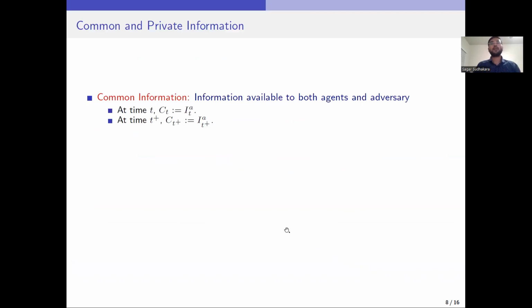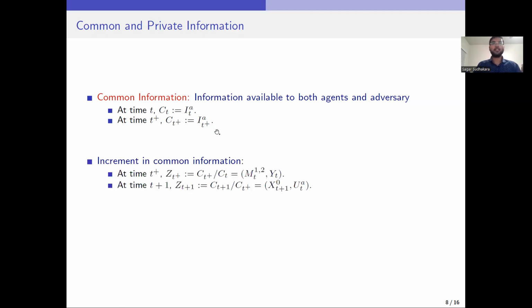To solve this min-max optimization problem, we divide our information structure into different components. The first component is the common information, which is information available to both agents and the adversary. At time t, the common information C_t is given by I_A^t, and at time t+, the common information C_t+ is nothing but the adversary information at time t+, that's I_A^t+.